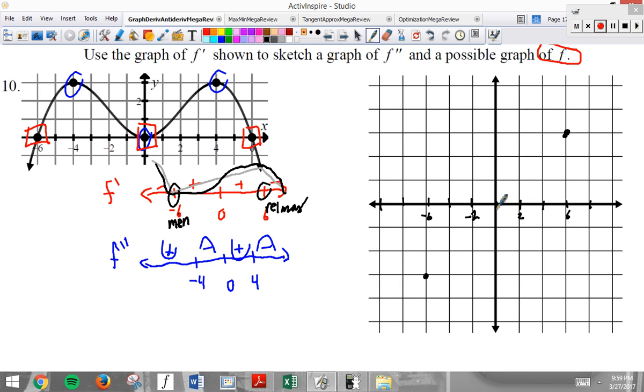And this will be some sort of inflection point. Ready, steady, go. So I'm down. I'm decreasing. Concave up. Concave up. Now I'm switching my behavior to concave down.